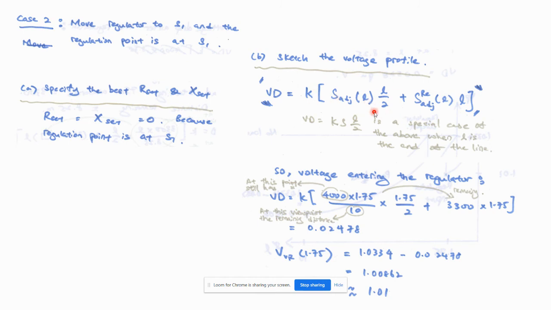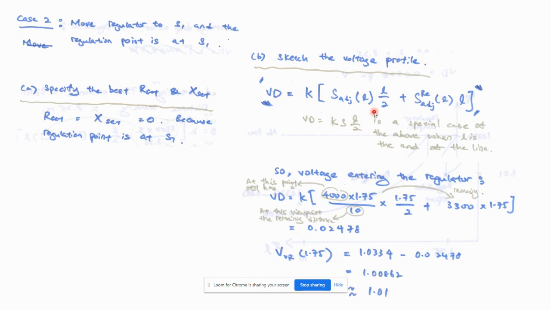But at 1.75 meter, the loading of the feeder is less than 4,000. It's not 4,000, right? So it's proportional. The load on the feeder is proportional to the length of the feeder. So in 10 meter, you have 4,000 kVA.